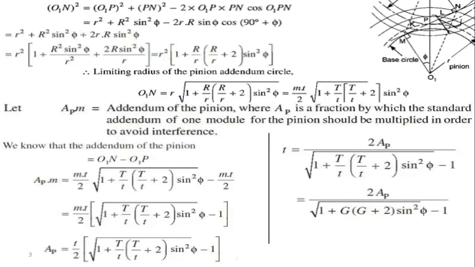Then we are going to find this value, that is 2 into AP by root of 1 plus T by t into (T by t plus 2) sine square phi minus 1. So this is the total value we have found in this equation.